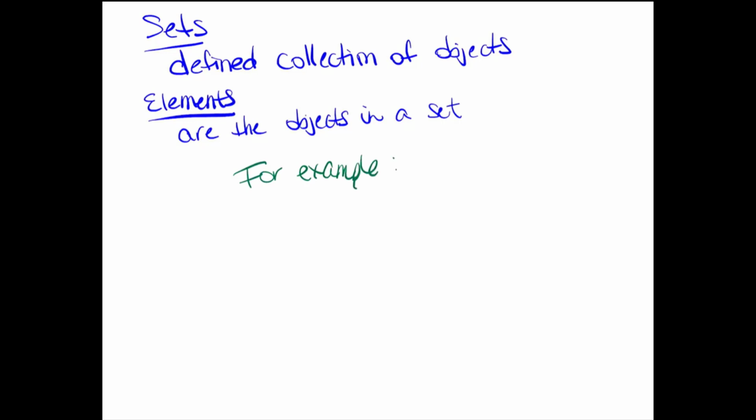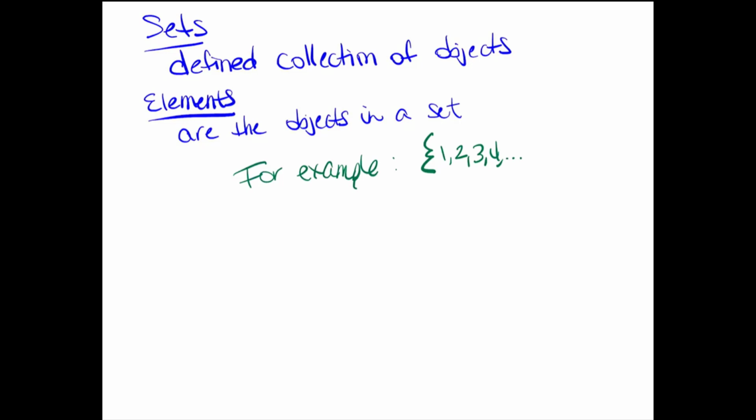when it comes to making a set, the way that we know that it is a defined collection, and we need that word collection, so we're putting things together. So we know that it's a collection, or we know that it's a set, we use the little brackets that I'm awful at writing. I apologize. And then I'm going to put in 1, 2, 3, 4, and I'm going to say that that continues.